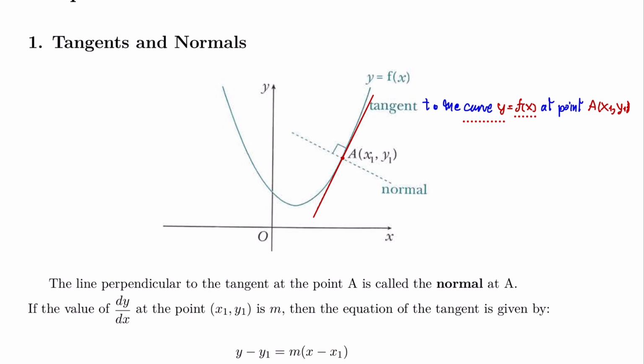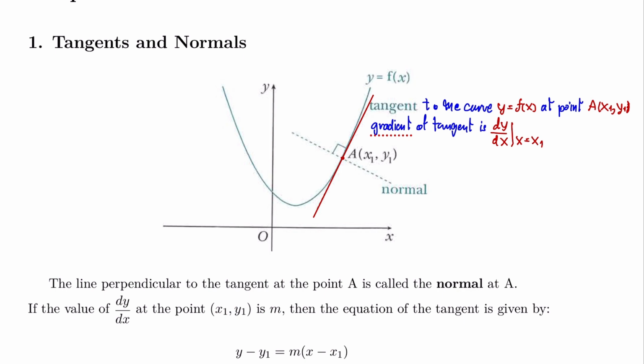Okay? And the gradient of the tangent is found by differentiating y with respect to x, the derivative of y with respect to x at point x equal to x1.